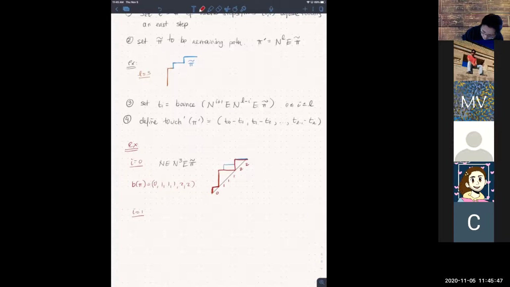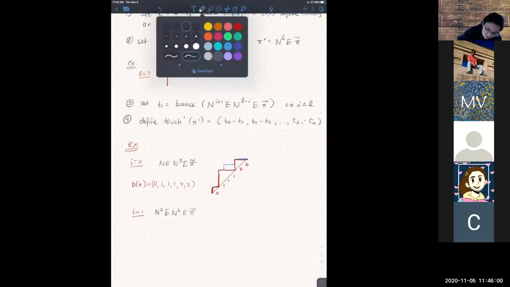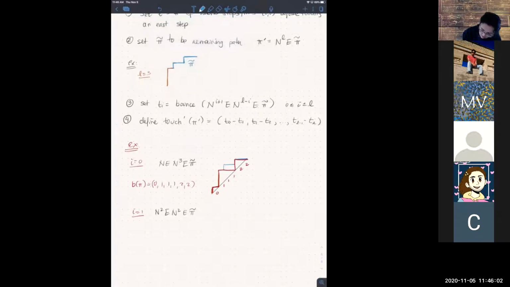So i equals 1 is going to be the same thing, except now you have a different Dyck path, right? So now you have, let me see, n squared, n squared, east, and pi tilde, and so on, right? So what is this? Let me just redo it again. So we have 2, 1, 2, 1, and then we do this kind of a path.